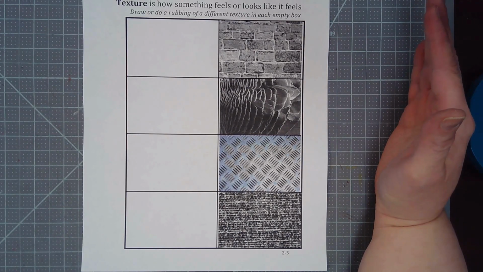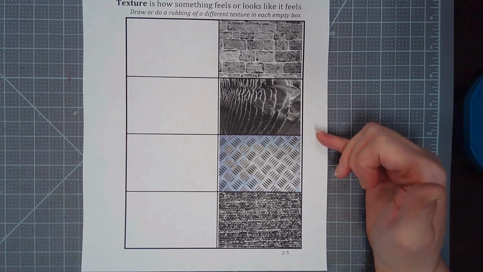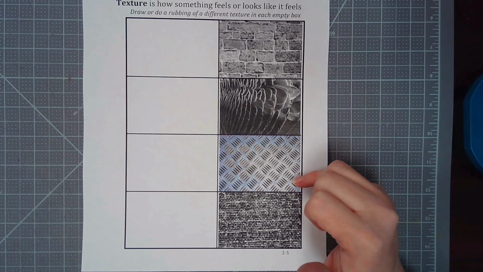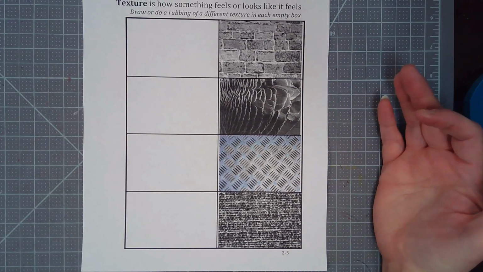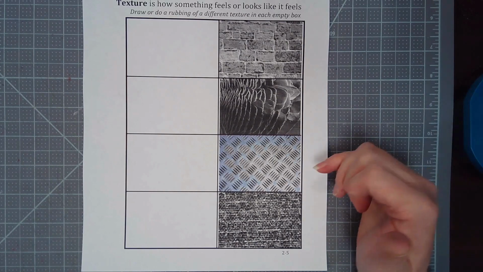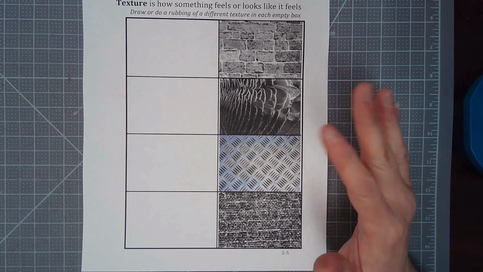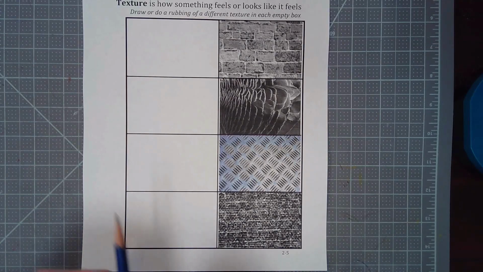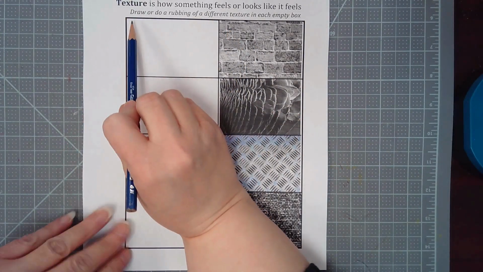I want my lines to be very light, because notice when we look at these, other than the diamond plate where the grooves are set into the metal, nothing is a dark line. And even these are not so much a line as they are small shapes that are filled in with different values. So to begin, I'm going to come up here and as best as I can just redraw what I'm seeing.